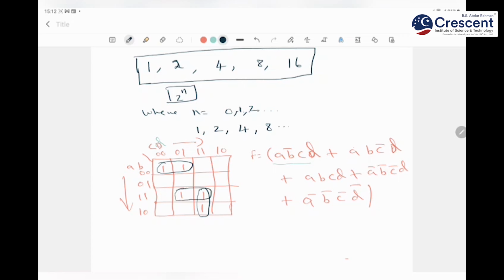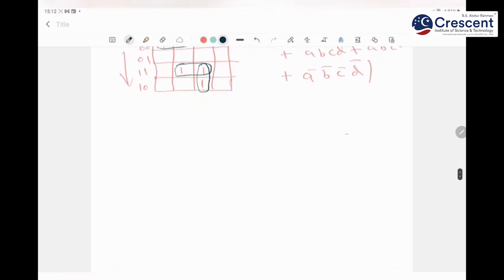So these are all the methods of grouping. Grouping is a little bit tricky, so I will give you some tips for grouping the adjacent cells.